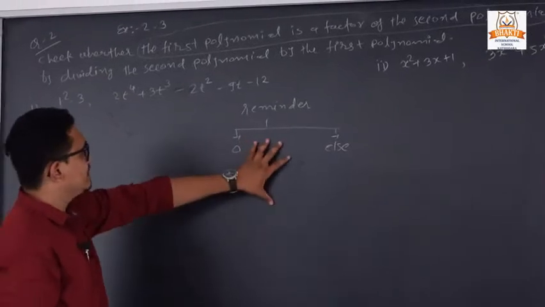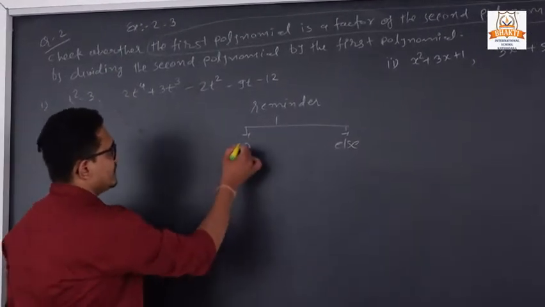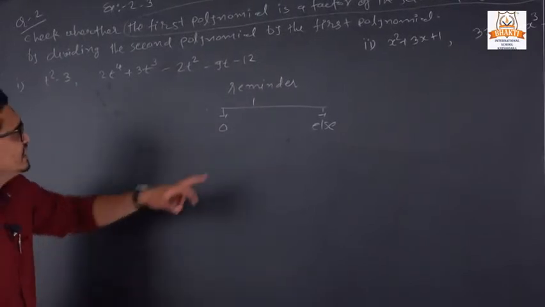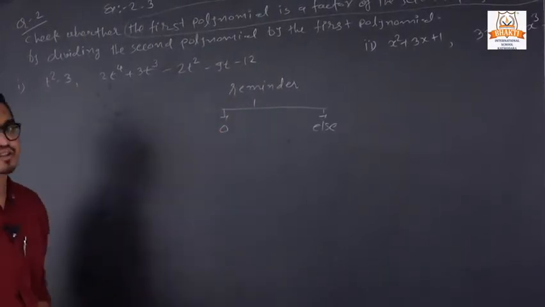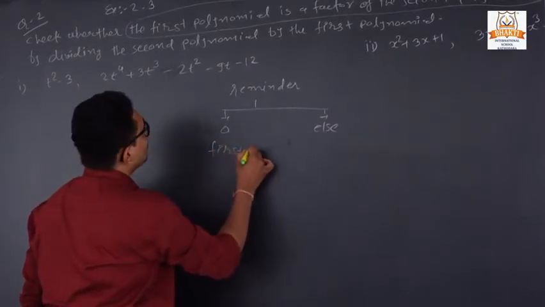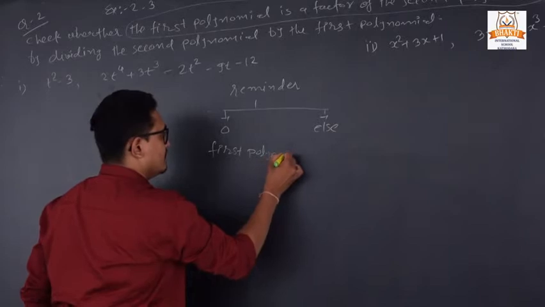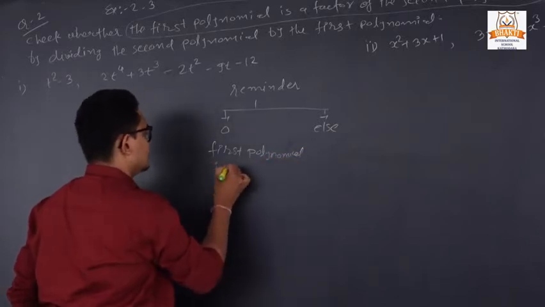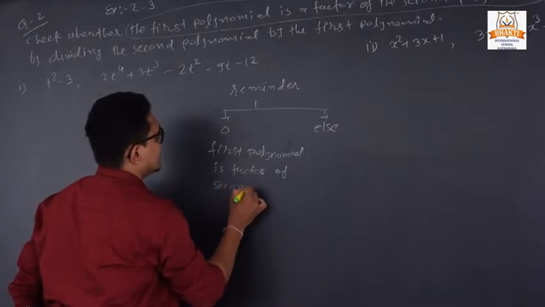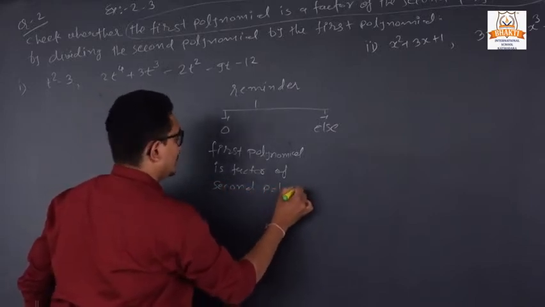So here we can make a chart so you can get the idea. If by polynomial division we get remainder as 0, it means the first polynomial is a factor of the second polynomial.